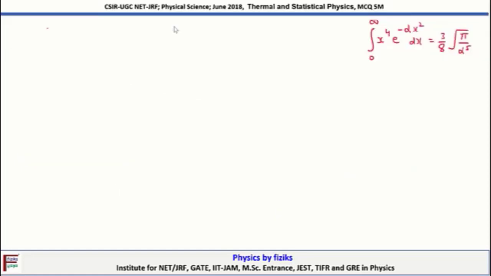So r square average will be 4 pi upon (4 pi Dt) power 3 by 2, and then the value of the integral, which is 3 by 8 under root pi by alpha power 5.